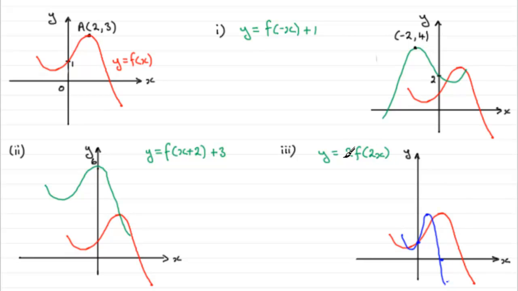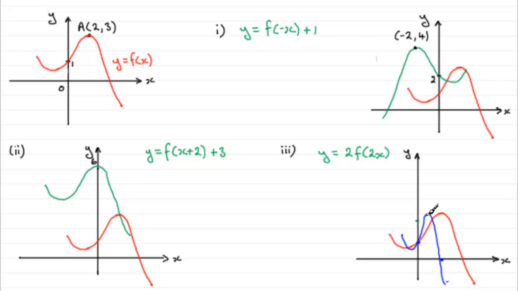Then we've got to multiply this by 2. And so what happens now is that the graph of f of 2x gets stretched by a scale factor of 2 parallel to the y-axis. So this point here at 0, 1 now gets moved to 0, 2. Let's say that's about there.